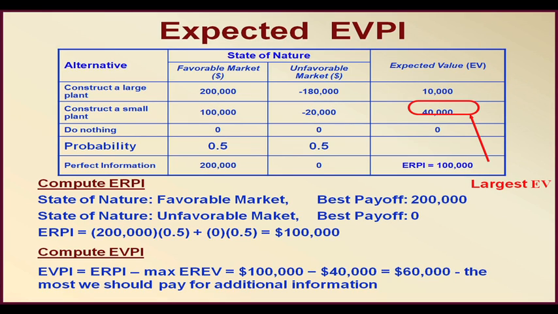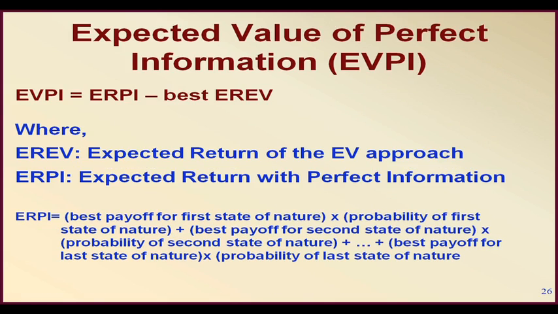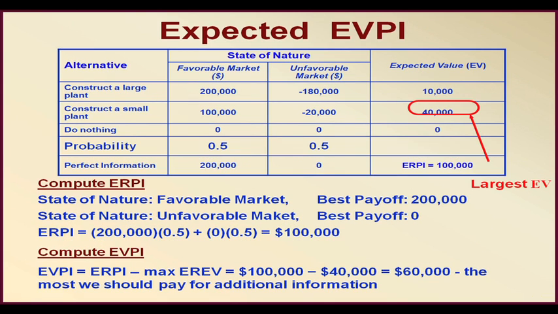Let us look at this particular problem where we have the states of nature and the different alternatives, and how these calculations come together. So, let us take up this problem once again and look at it from that point of view.